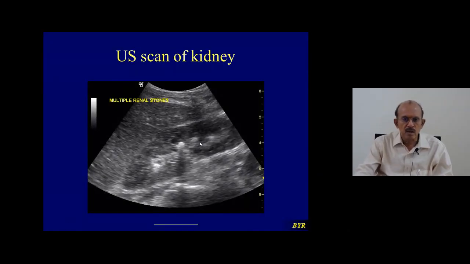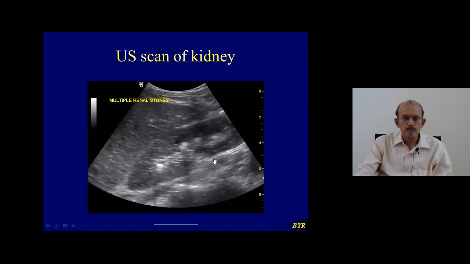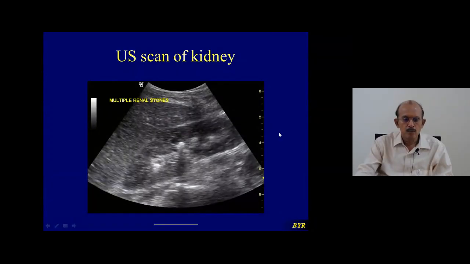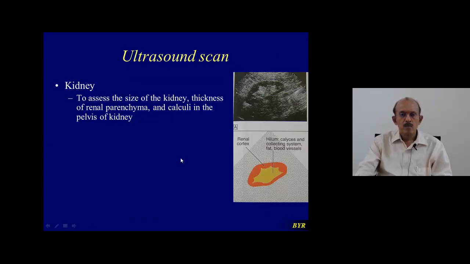So there are multiple renal calculi. The ultrasound scan is done for the kidney to assess the size of the kidney, thickness of the renal parenchyma, and presence of calculi in the pelvis of the kidney.